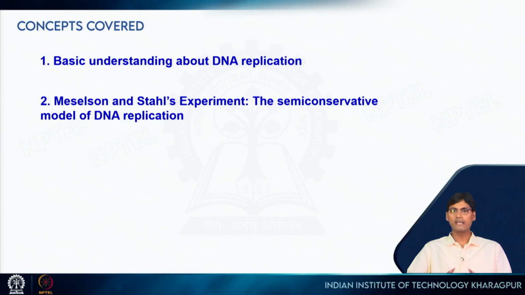That is not right, because almost 80 years before the discovery of DNA structure, which was done by Watson and Crick, DNA was discovered by Friedrich Miescher from white blood cells. He isolated some substances from the nucleus of those white blood cells, and those are very acidic in nature.